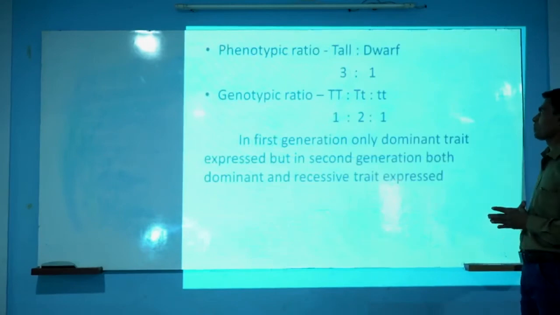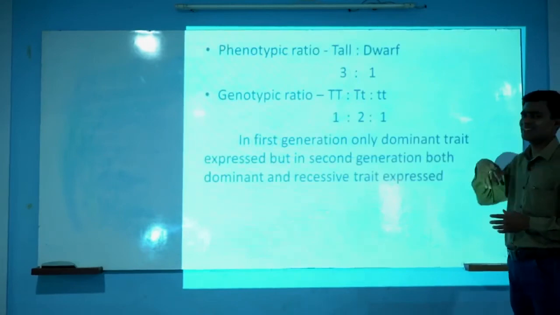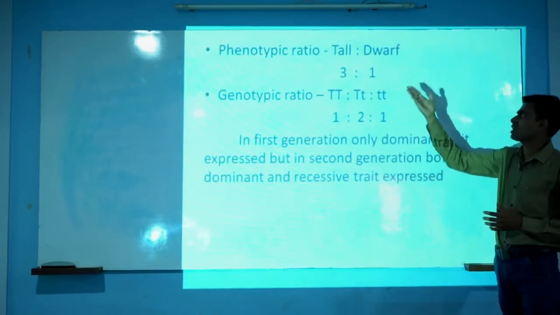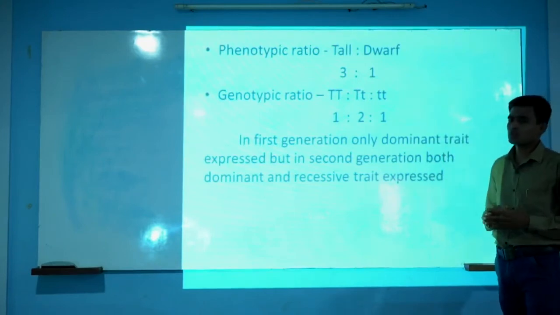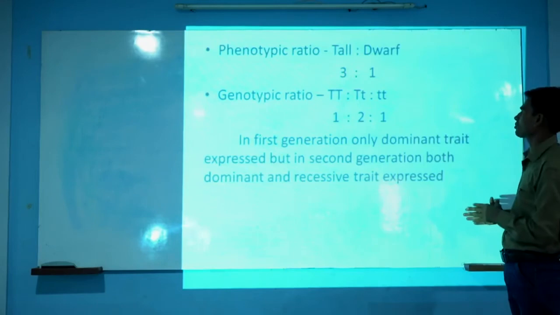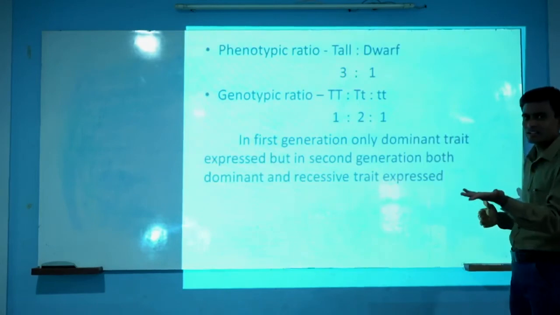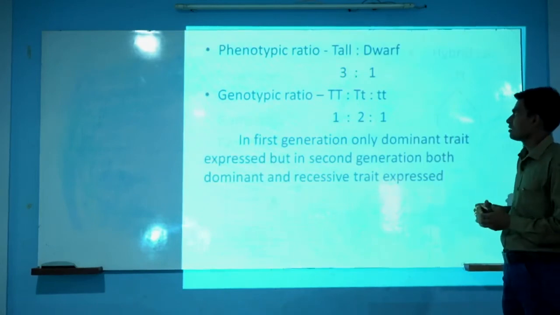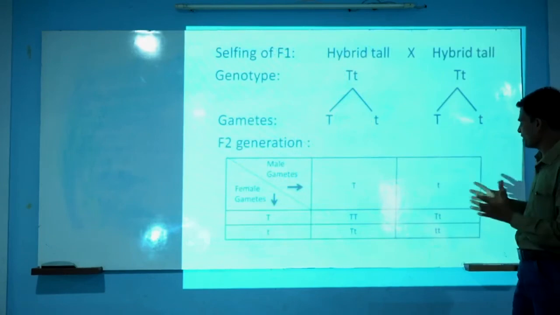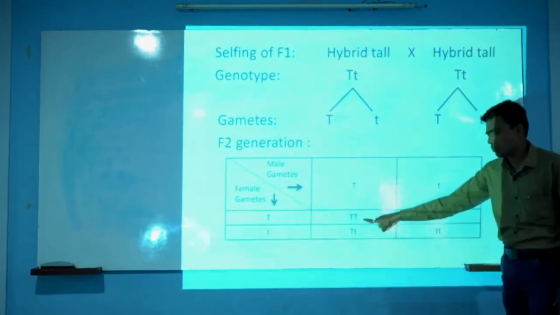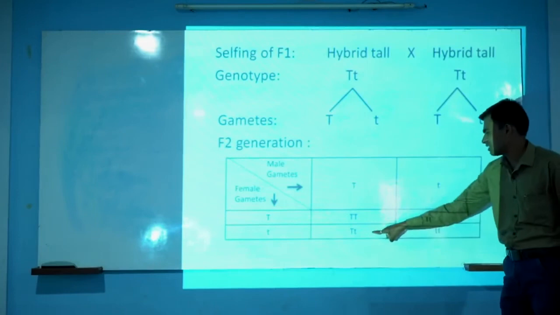Phenotypic ratio. The phenotypes, that is the characteristics, are tall and dwarf. Going to the earlier slide, how many tall plants? That is 1, 2 and 3.